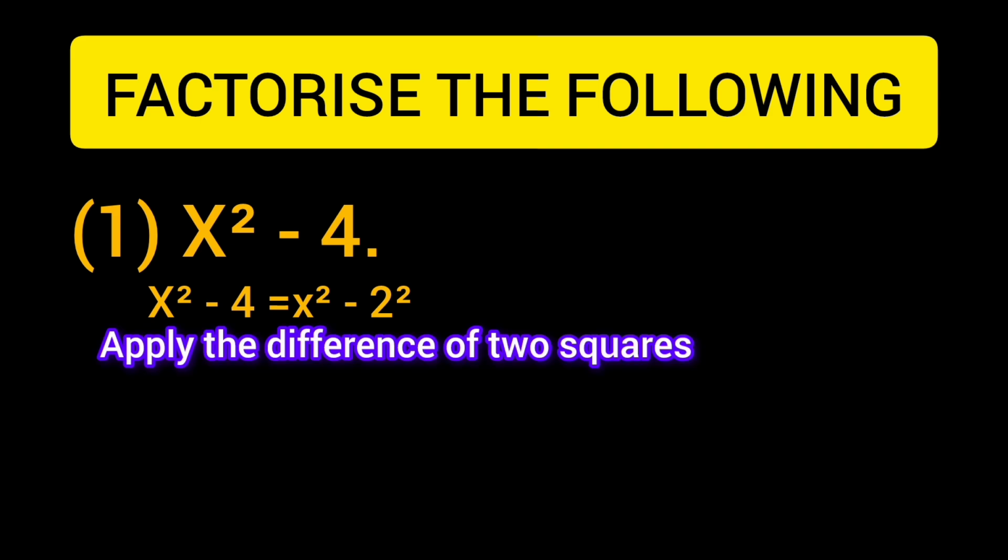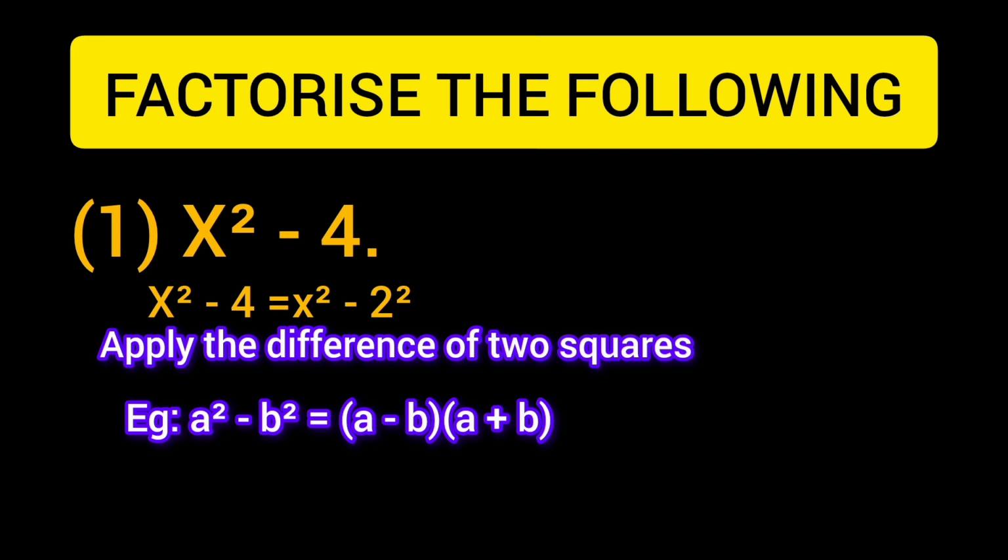From here, we apply the difference of two squares, which says that when two numbers have the same square and there is a negative in between them, for example, we have a squared minus b squared. Both of them are carrying squares and there is minus in between them.